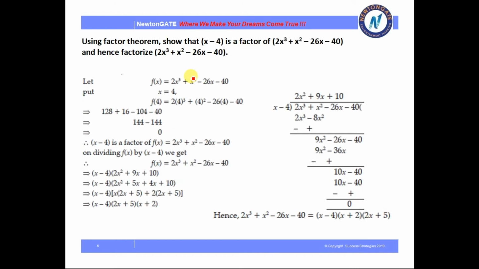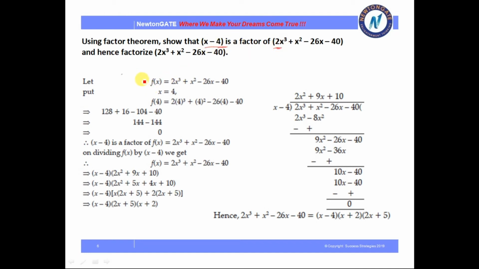Next let's see an example. So the question says that using factor theorem show that x minus a is a factor of 2x cube plus x squared minus 26x minus 40, and hence factorize the polynomial. So what is the first process? The first process is we need to show whether x minus 4 is a factor of the polynomial or not.